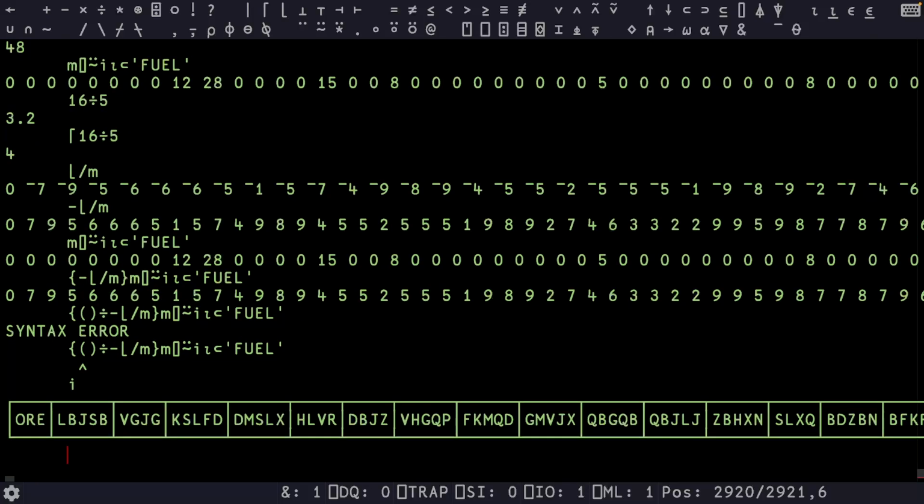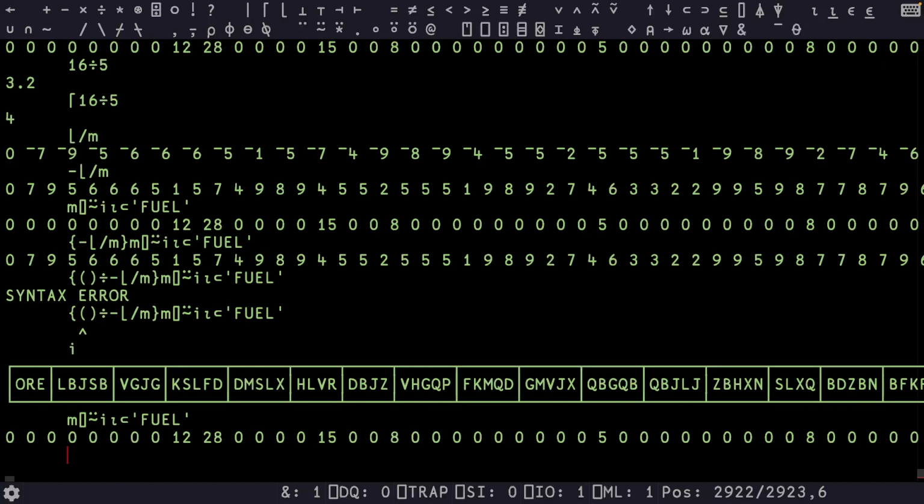If we look at ingredients, we can see that the first ingredient that we have here is ore. And what that means is that if we look at our input into the function that we're building, the very first value will be the amount of ore that's required. And this will be a positive number because it's a requirement.